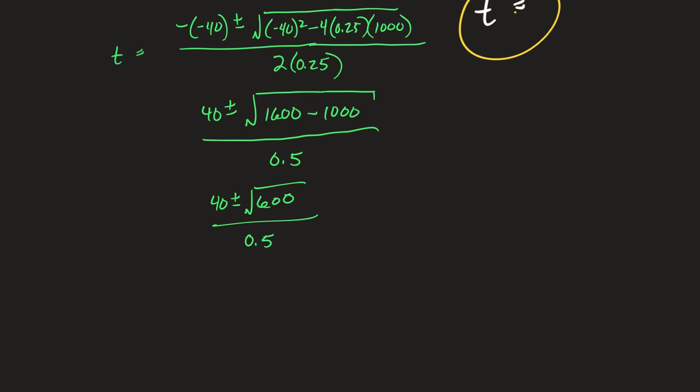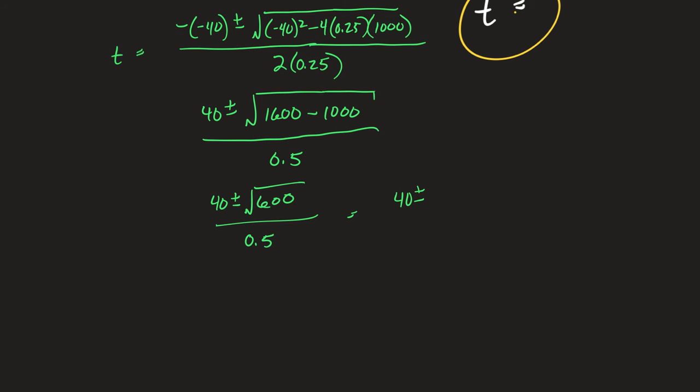Square root of 600 is what, 22? 23? I mean, square root of 625 is 25, isn't it? No. Is it 24.5? I thought it was 22. Okay, 24.5. So, that's easy enough.